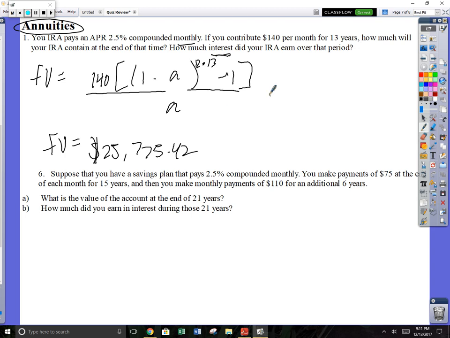Okay, now here's the good question. How much interest did you earn? So the interest is the money made. For 13 years, I contributed 140 bucks a month.